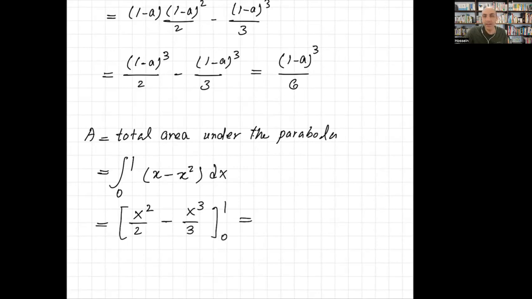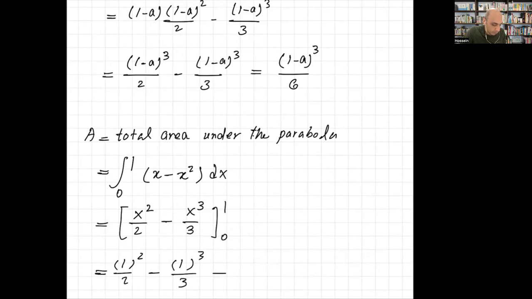The lower limit, like the previous integral, if we put 0, both terms are going to be 0. And then the upper limit, if we put it into the equation, let me write it in a clear line. It's going to be 1 squared divided by 2 minus 1 cubed divided by 3.